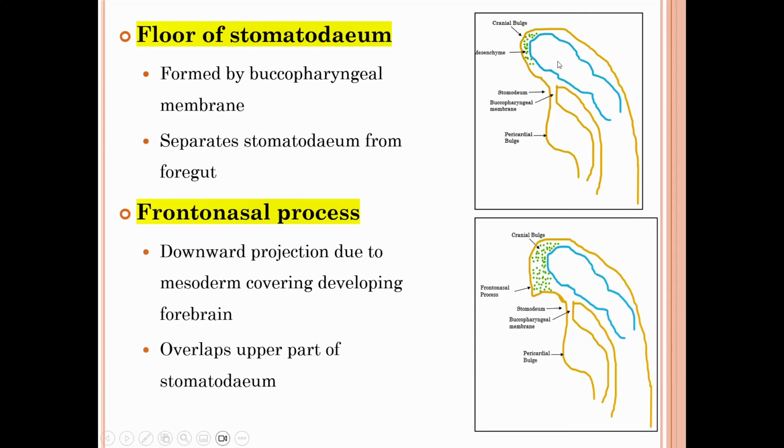So here mesoderm covering the developing forebrain is downward projecting. You can see here it is downward projecting and it is overlapping the upper part of the stomodium, and this mesoderm which is covering the developing forebrain is known as frontonasal process.